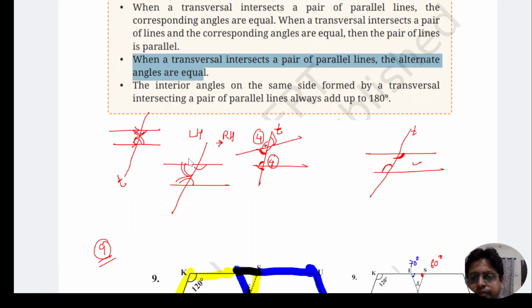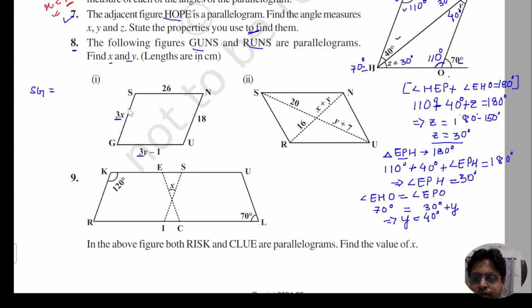It means the length of SG side is equal to, if we try to denote by symbol, we will mark single cut to show that SG is equal to this side, that is NU.